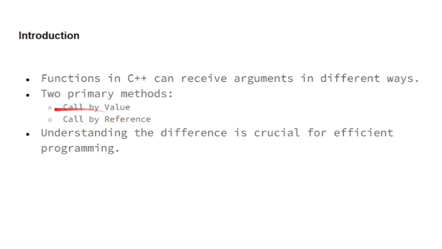Understanding both call by value and call by reference enhances our efficient programming, so we also have to gain knowledge about call by value and call by reference in C++. Functions in C++ can receive arguments in different ways. The two primary methods are call by value and call by reference.